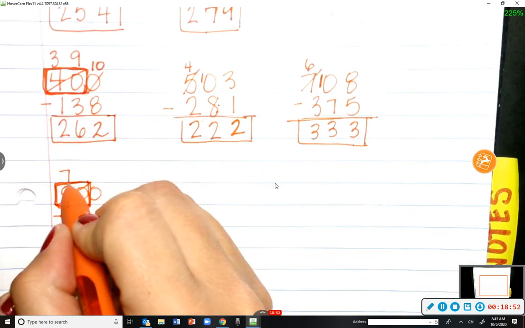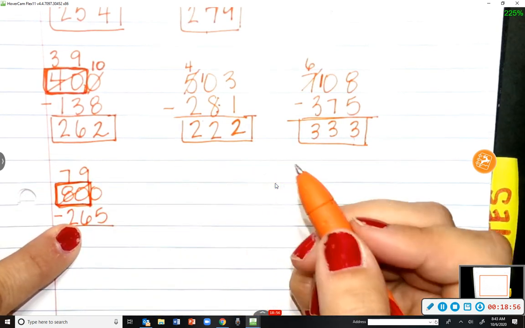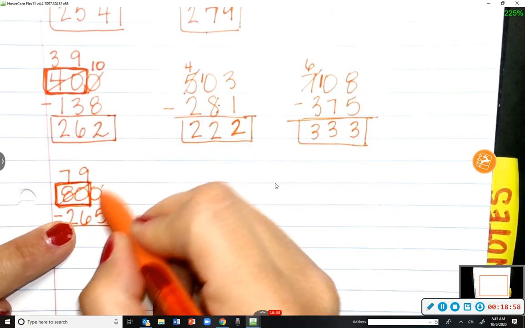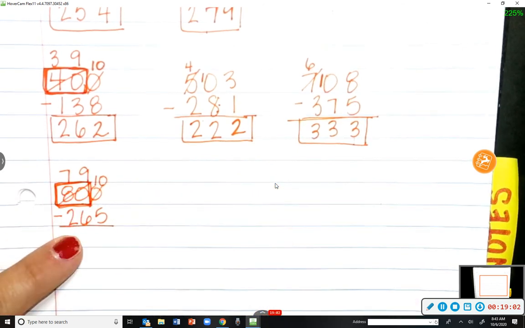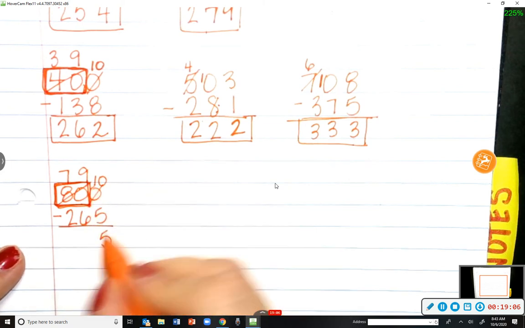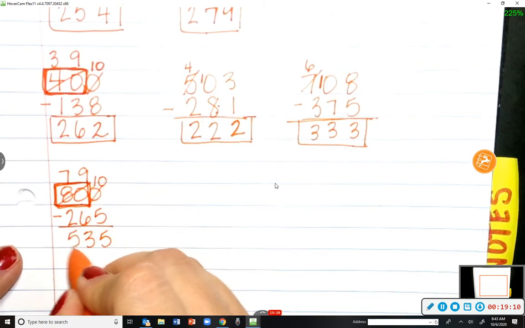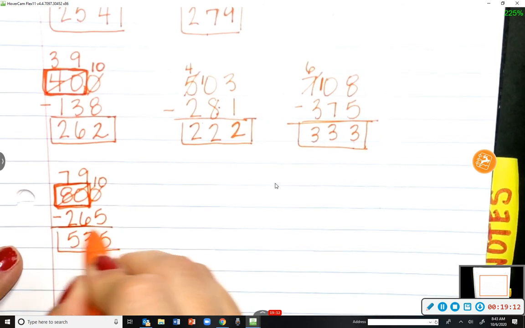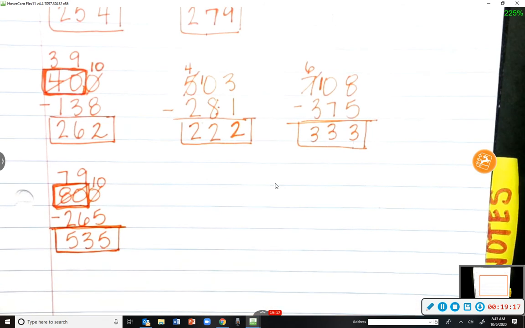Good. So make sure that 7 goes over the hundreds, the 9 goes over the tens. Now I can subtract over here because I have 10. 10 minus 5 is 5. 9 minus 6 is 3. 7 minus 2 is 5. 535.